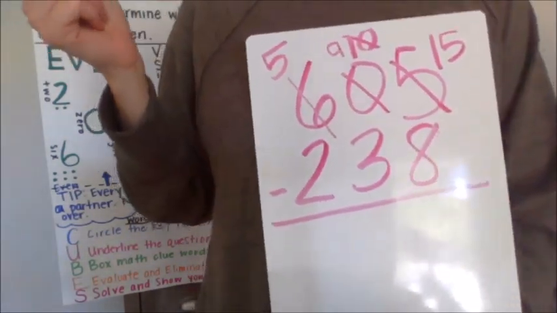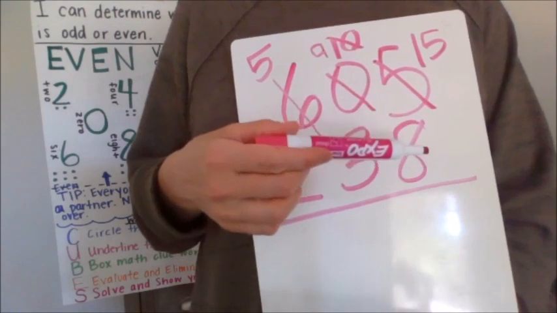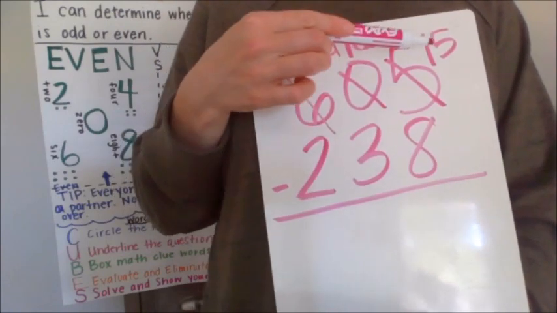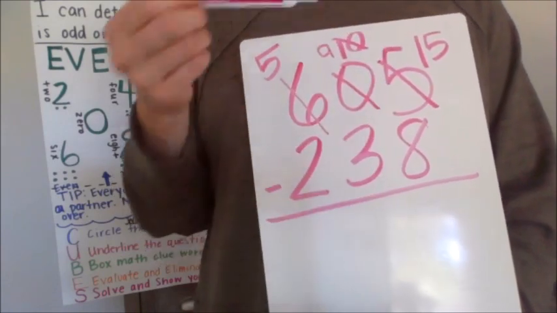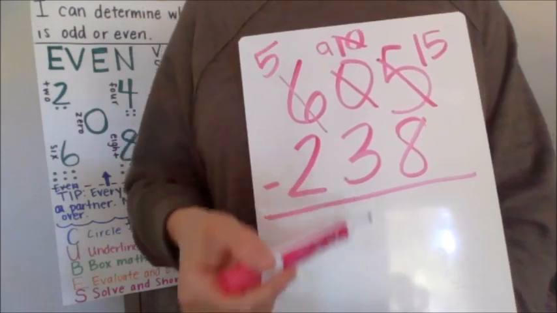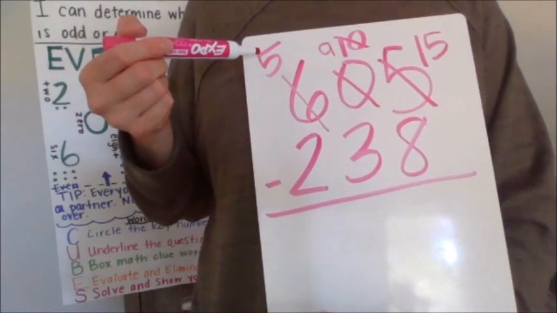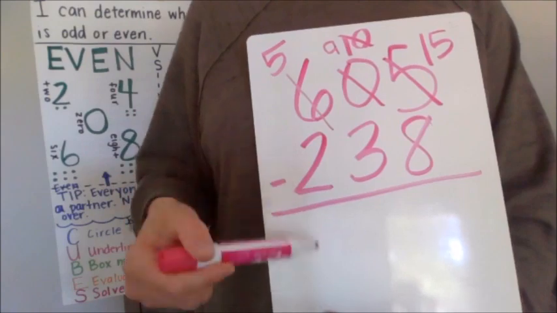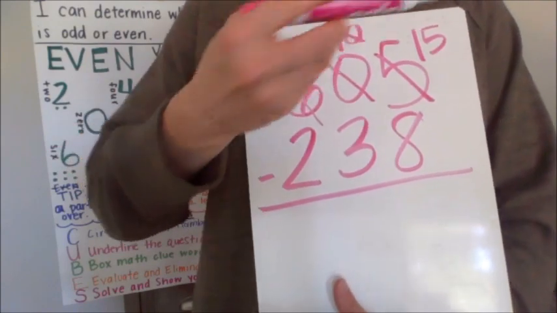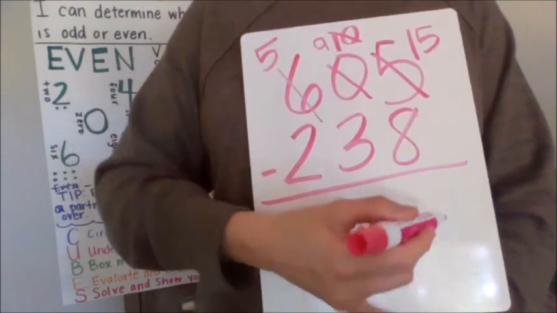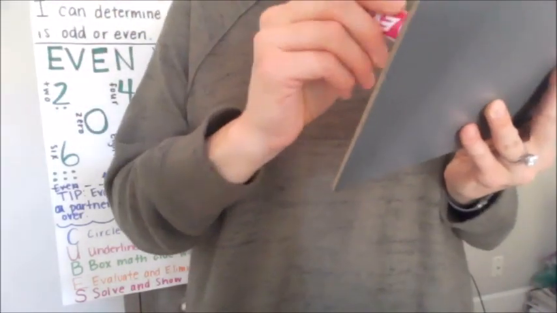So now let's check all columns to make sure I'm ready to subtract. My ones, 15 minus 8, I can do that. My tens, 9 minus 3, I can do that. And my hundreds, 5 minus 2, I can do that. So let's go ahead and do that. 15 minus 8 is 7.